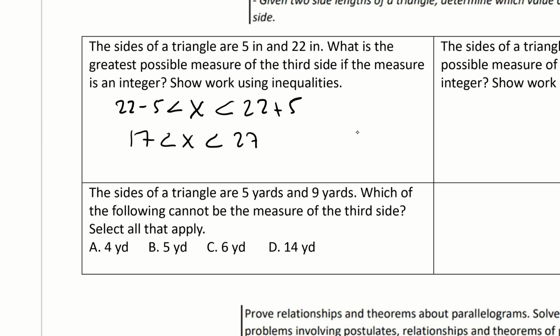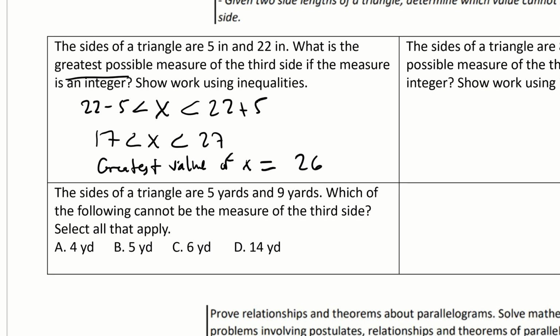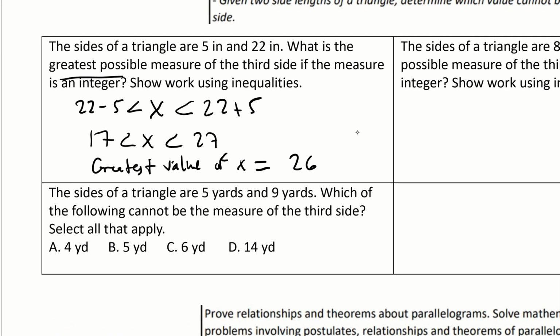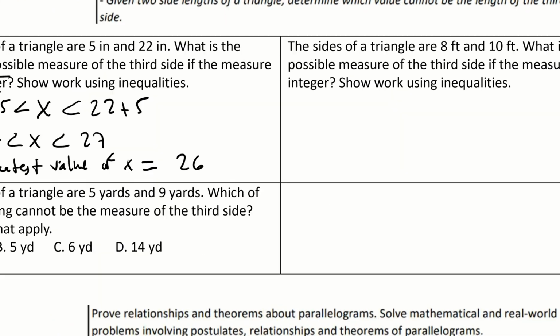That means the greatest possible value of x is going to be 26. That's the biggest it can get before it stops being a triangle. Once it hits 27, it's no longer going to be able to form a triangle. So the greatest possible value is 26, for it to be an integer. An integer is a whole number.